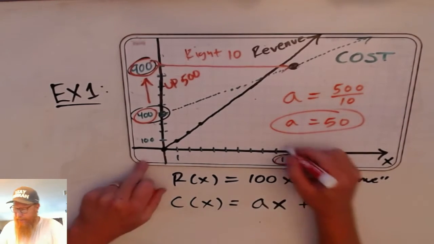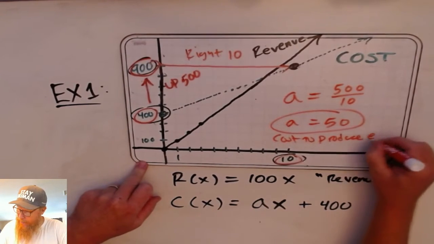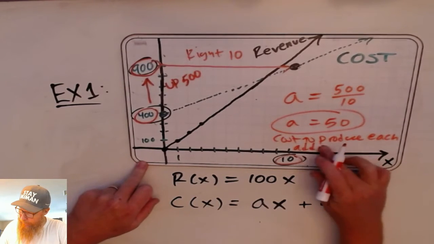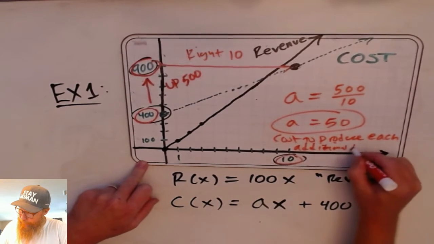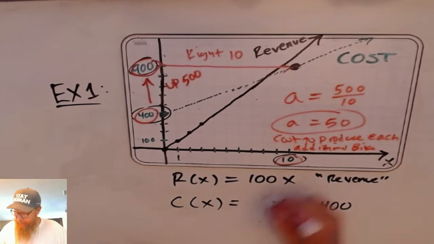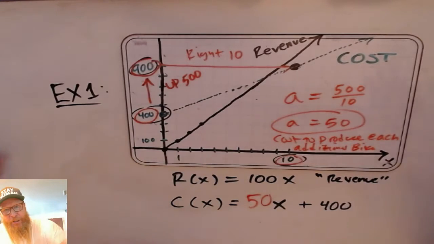This is the cost to produce each additional bike. Of course, after I've paid the rent. So there's my A, 50. There you go, right? Did the whole thing geometrically.